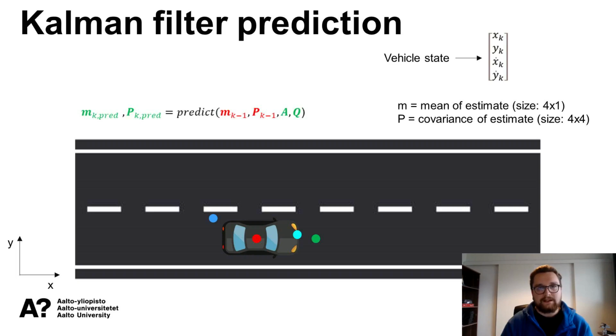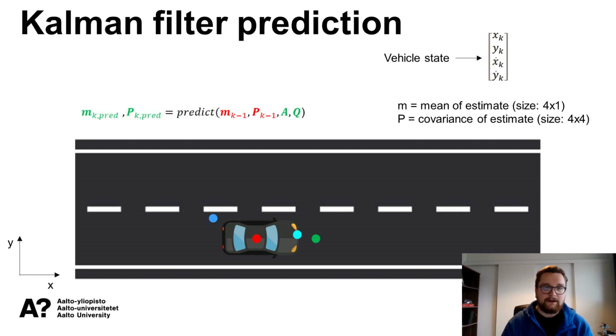The estimate is the mean, which is basically the best guess we have for it, and the p is the covariance, kind of showing how much variance there is in the estimate, how reliable the estimate is. And these are what we are constantly updating throughout these steps. But okay, we take the previous estimate, m and p time step k minus 1, and then we also take the matrices A and Q we defined previously, just constant matrices.